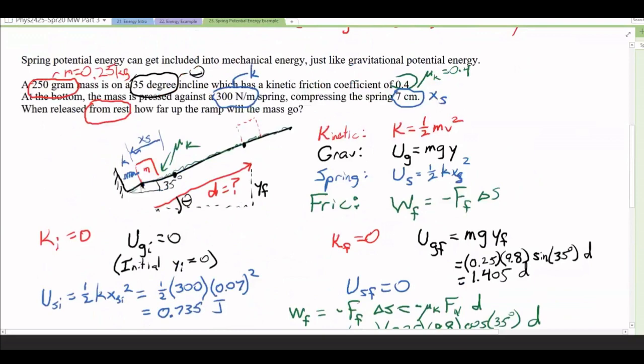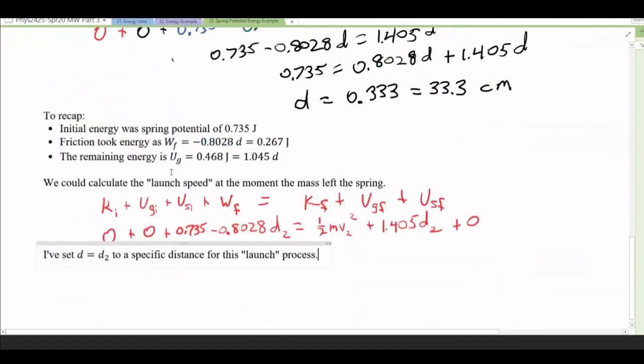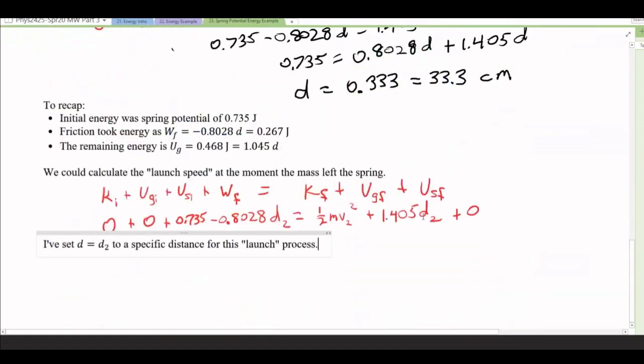Up here in the diagram, I drew 3 dots for important locations of the mass: the very bottom, the point here at the middle where the spring lets go, and the point up here where the mass reaches maximum height. Well, we're now talking about this middle dot here. And at the location of this middle dot, we have released our spring energy.